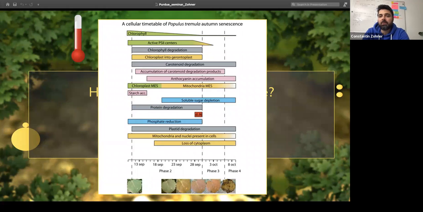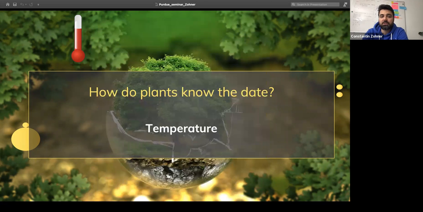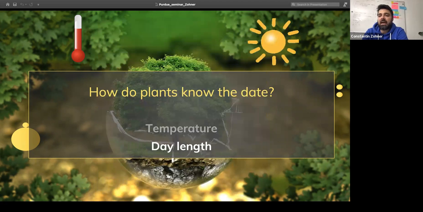And so temperature, while in spring it is a very reliable cue for becoming active, because once it gets warm, plants know that it will only get warmer and warmer, whereas in autumn, once it's actually getting cold, it might be too late for you to initiate some of these physiological responses. So there have to be other drivers that play a role.